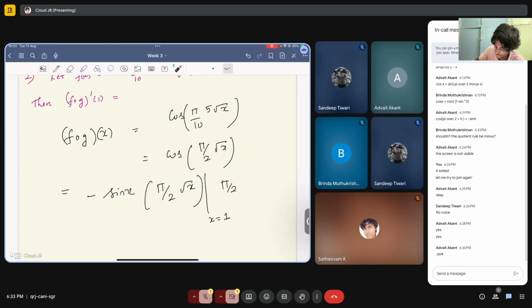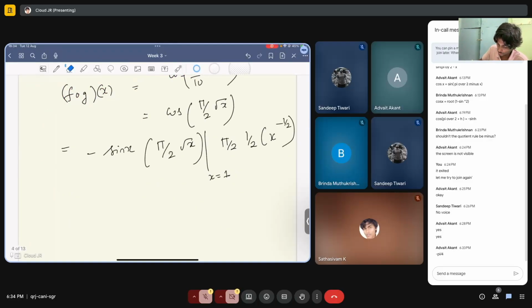And when you take the derivative of root x, it will be 1 by 2, x power minus 1 by 2. So let's substitute the 1 directly.